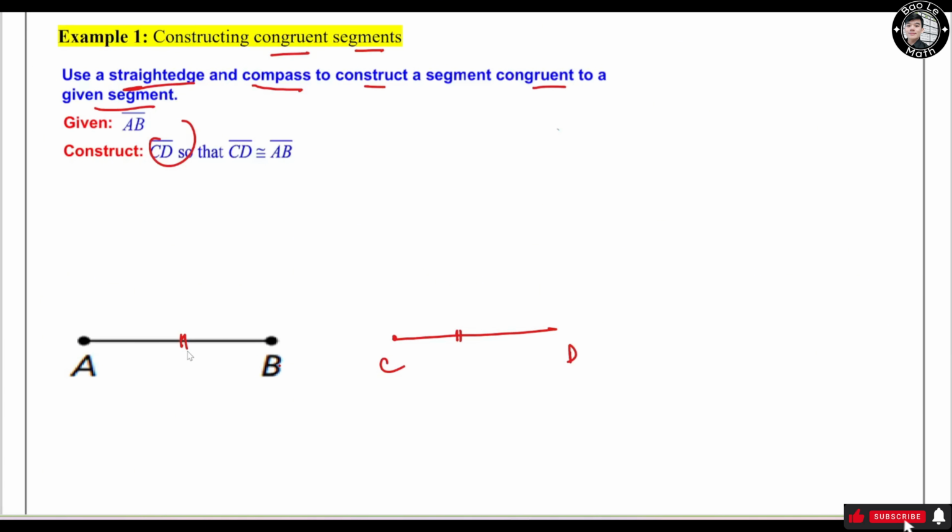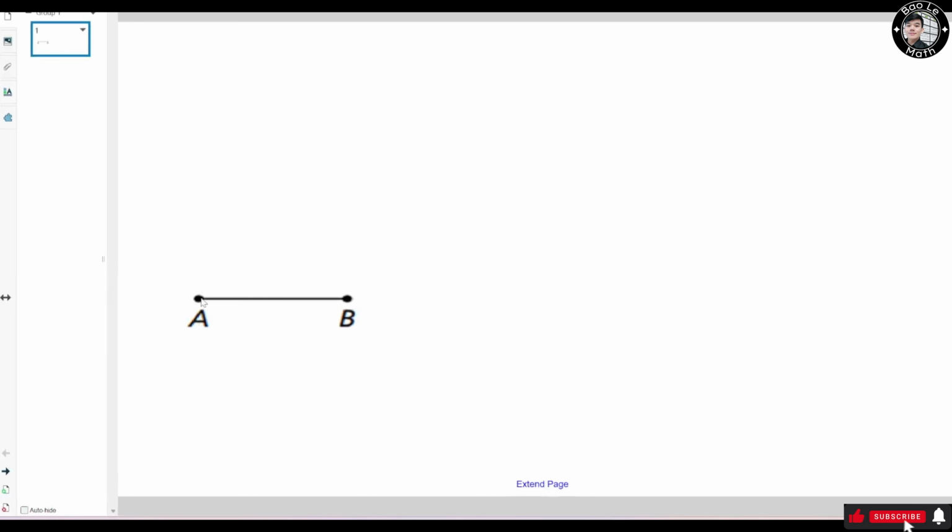So without using the marking rulers, how can we construct this one using the straight edge and a compass, right? So I have the line segment right here, right? Now the first step I need to do is to use a straight edge to draw a ray with endpoint C, right?